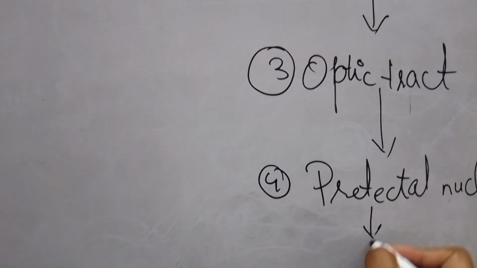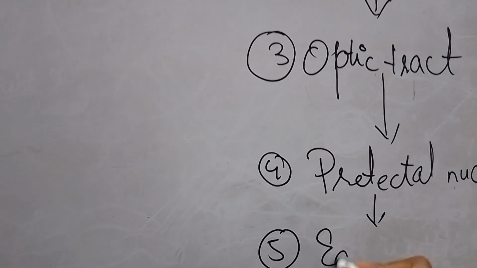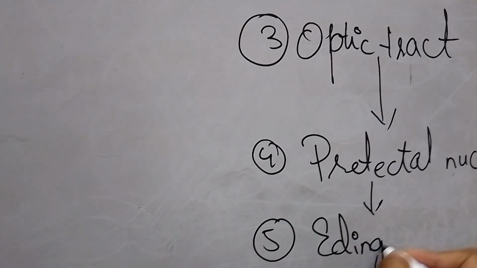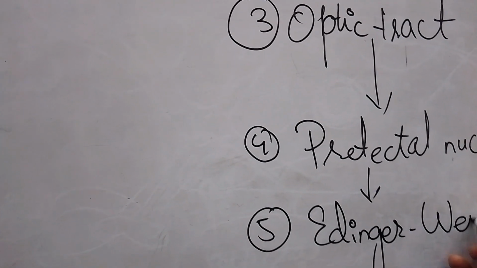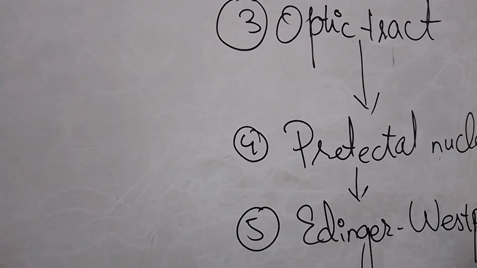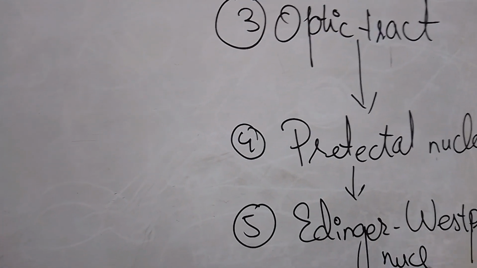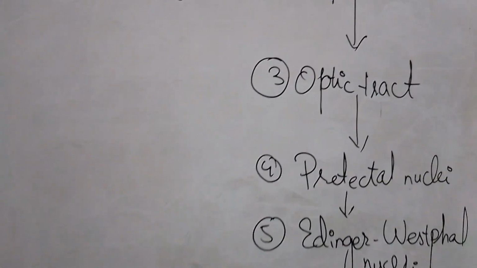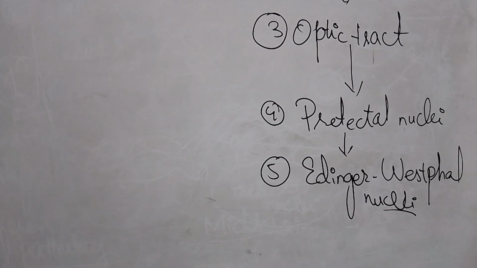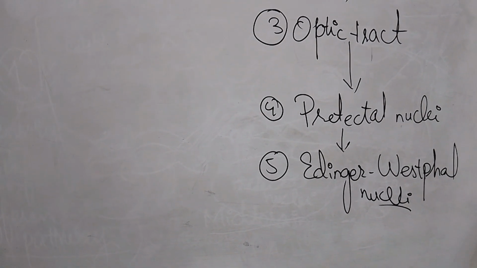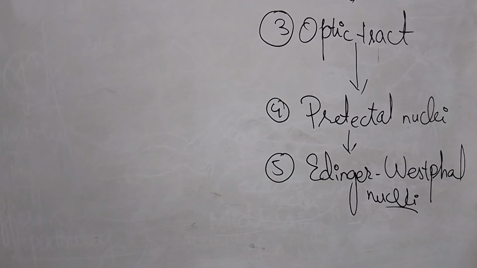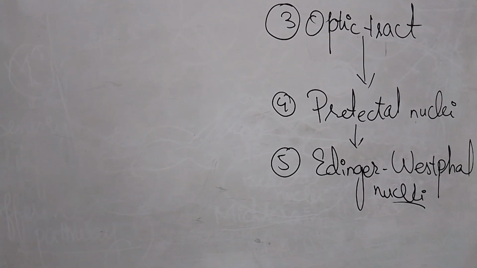And from the pretectal nuclei, the information will move towards the third cranial nerve, and at which structure? The Edinger-Westphal nucleus.